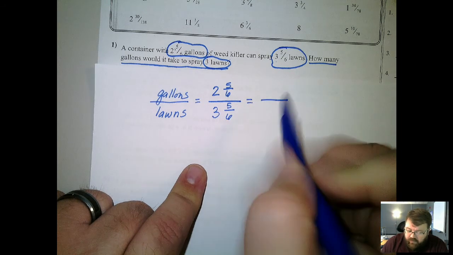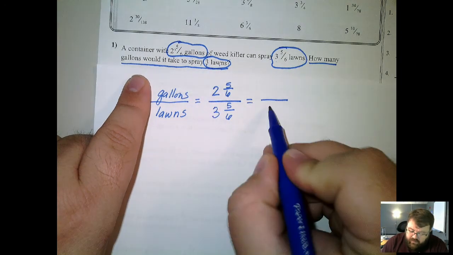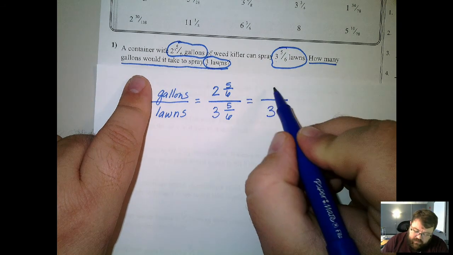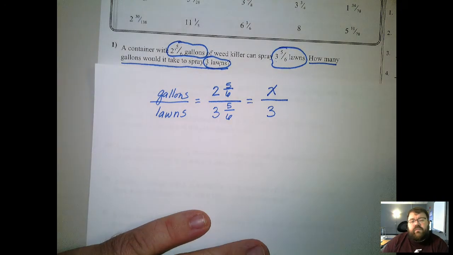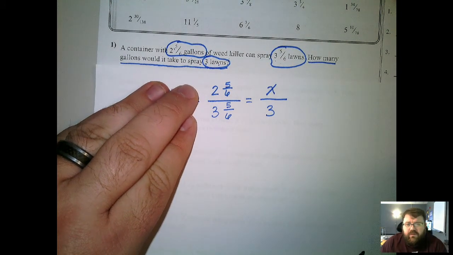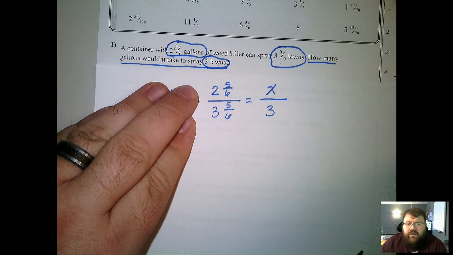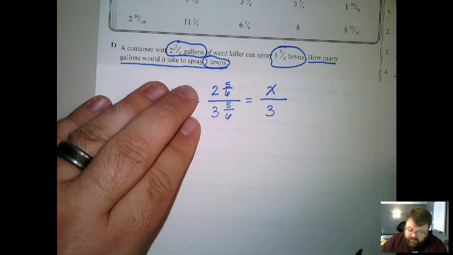Now your third number is 3 lawns, and your missing number. From here, this should be very simple. This should be a problem that any of you could solve. It looks bad, it looks nasty, but you know the skills required.